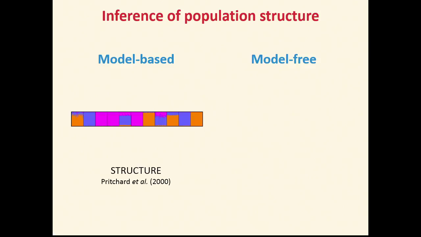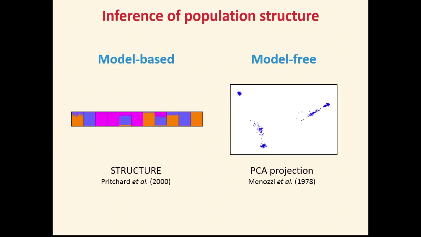In the model-free approach, we do not assume any underlying model. We try to represent the data in such a way which we can interpret as a population structure. For example, in principal component analysis, we can project the data on 2 or 3 meaningful dimensions and try to use this to understand what the population structure is.